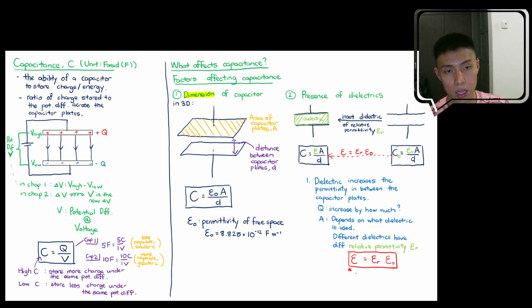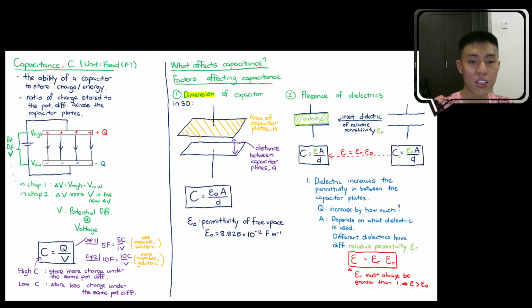I just want to let you know immediately, epsilon r must always be greater than 1. Any kind of material, any kind of dielectric, the epsilon r must always be greater than 1. So that means your new permittivity must always be bigger than the original permittivity.